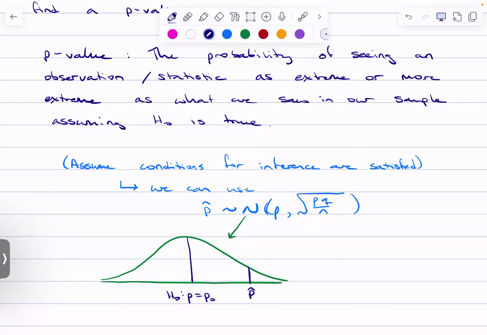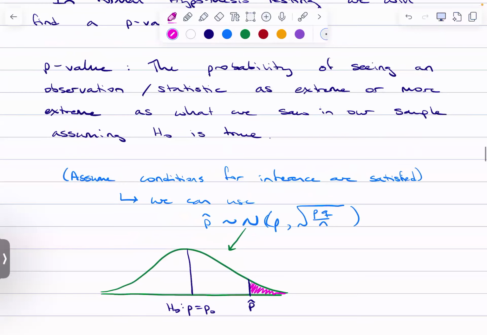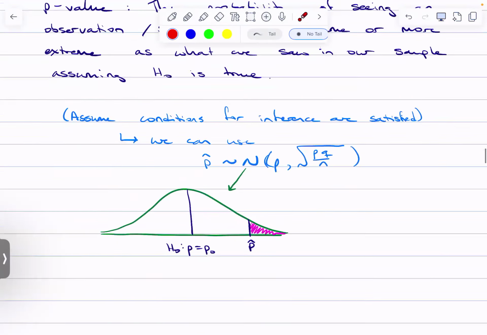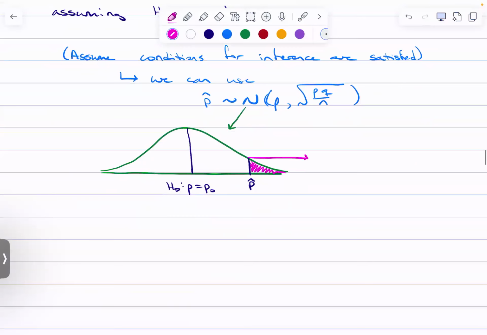So what we do then is we say, well, this area here, the probability of an observation as extreme or more extreme, that puts me in the tails. And so our p-value is always going to be the area in the tail.